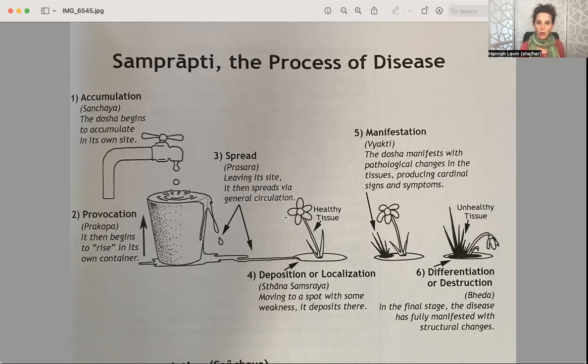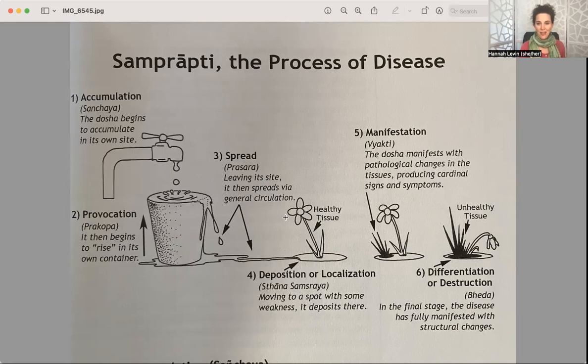However, you will know that something's wrong. This is when your body's like, I'm not going to compensate anymore. And this is a challenging thing, that we end up going into getting a diagnosis of disease. And then the sixth stage is differentiation or destruction, called bheda.